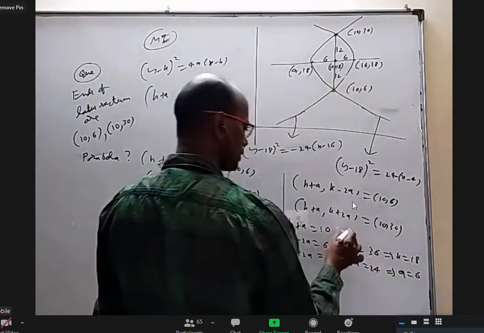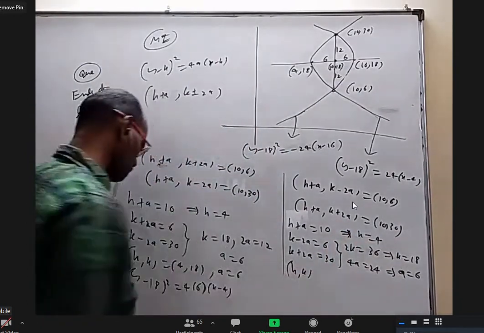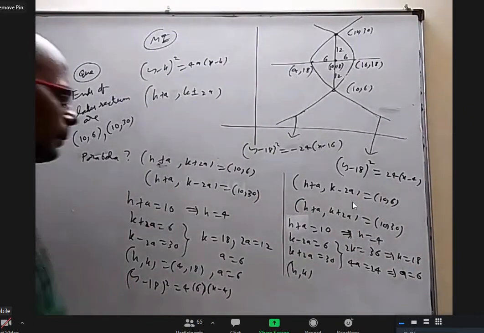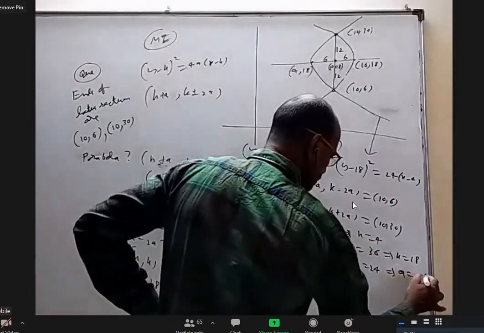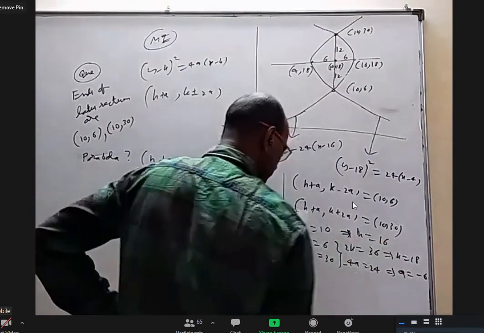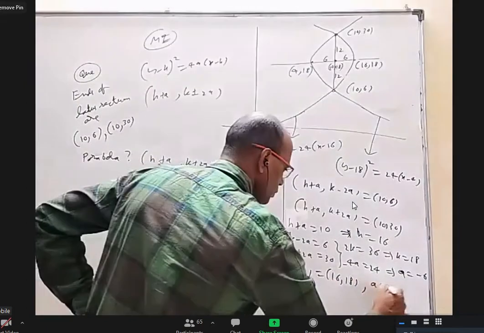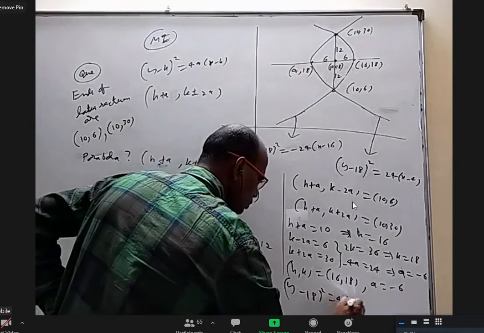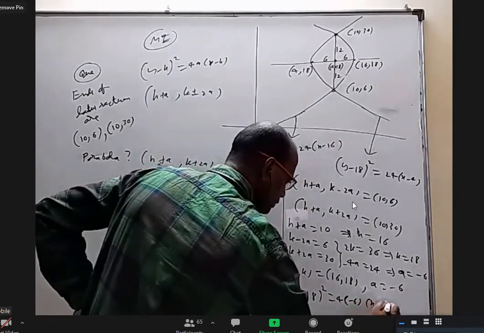A equal to 6 and h equal to 4. So here h comma k, minus 4a equal to this. So a equal to minus 6. When a is minus 6, h will be 16. Yeah. So h comma k is 16 comma 18, and a equal to minus 6. So (y minus 18) whole square equal to 4 into minus 6 into (x minus 16).